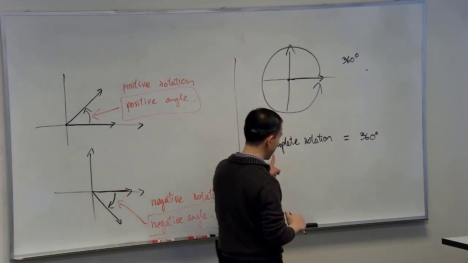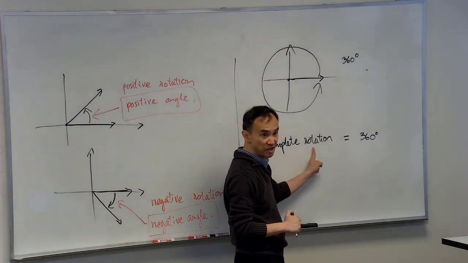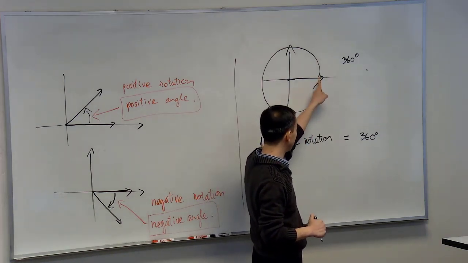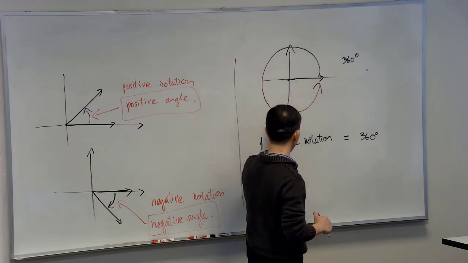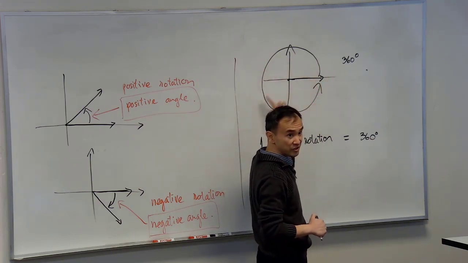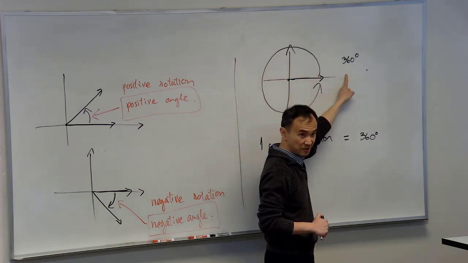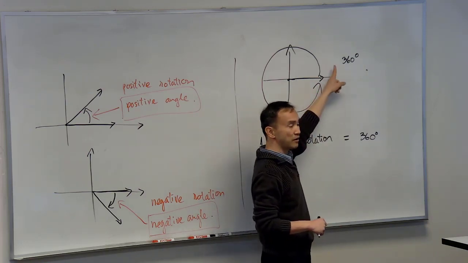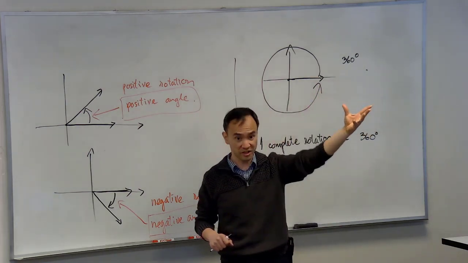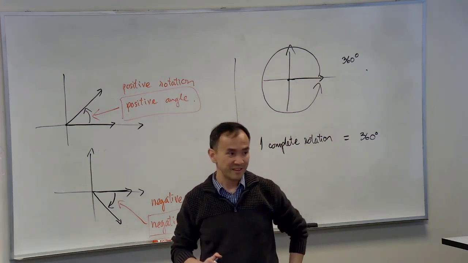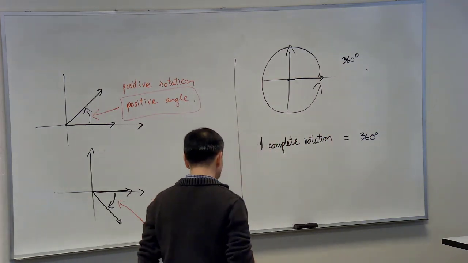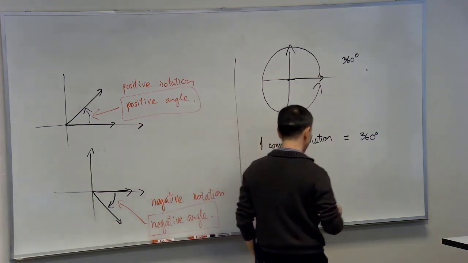I'm not too worried about the direction of the rotation. If you go one complete rotation in the negative direction, you're still going to reach 360 degrees. But yes, you may call that negative, indicating the direction of the rotation. So, one complete rotation equals 360.